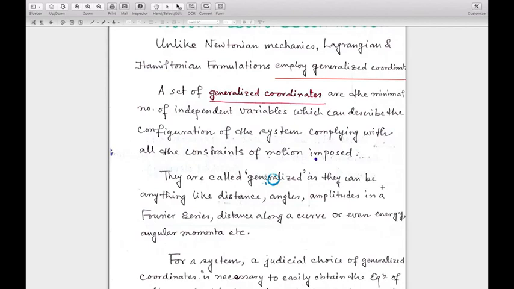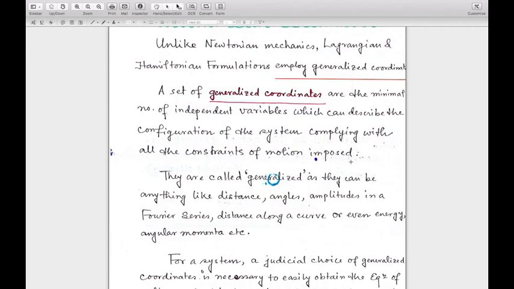Now, the generalized coordinates are the minimal number of independent variables which can describe the configuration of the system, complying with all the constraints of motion imposed. So if I ask for the set of generalized coordinates needed to describe the motion of a particle on a sphere surface with fixed radius r, the answer is directly theta and phi.